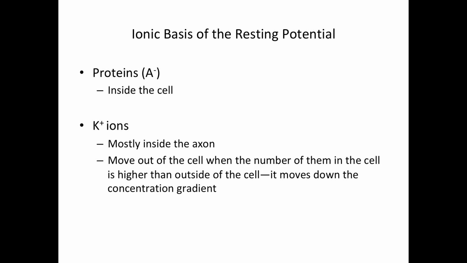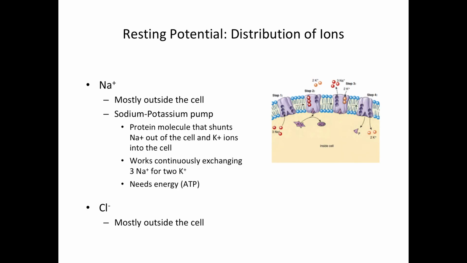Okay, little recap. Protein anions inside of the cell, potassium ions mostly inside of the cell, and potassium ions actually move out of the cell when the number of them in the cell is higher than the outside of the cell. So it will move down the concentration gradient. And then the other two, sodium is mostly outside of the cell whenever the cell is at rest. And regarding sodium, we talked about pumps before.